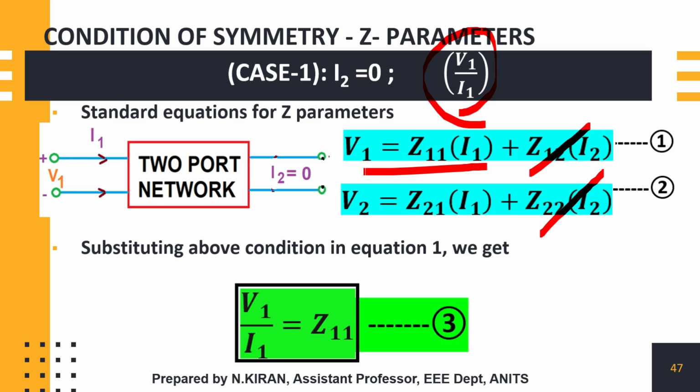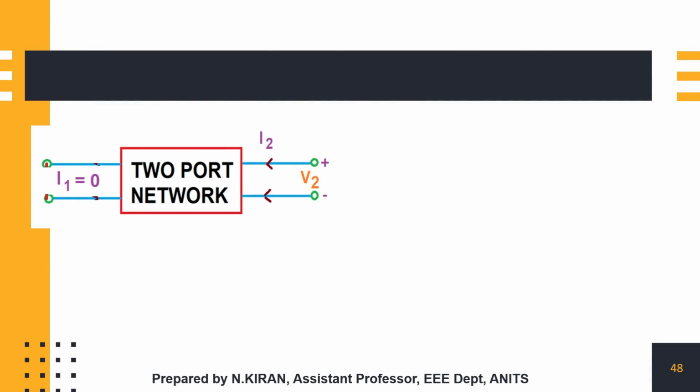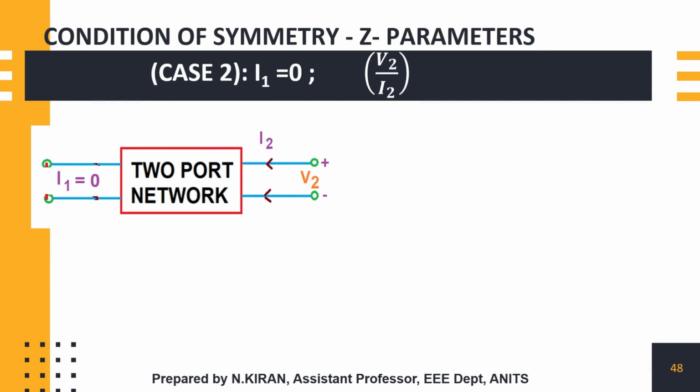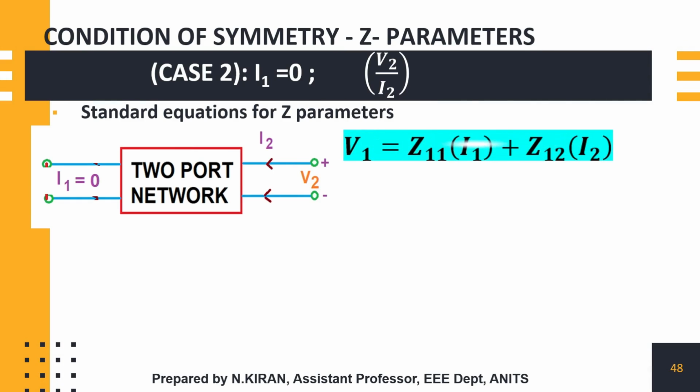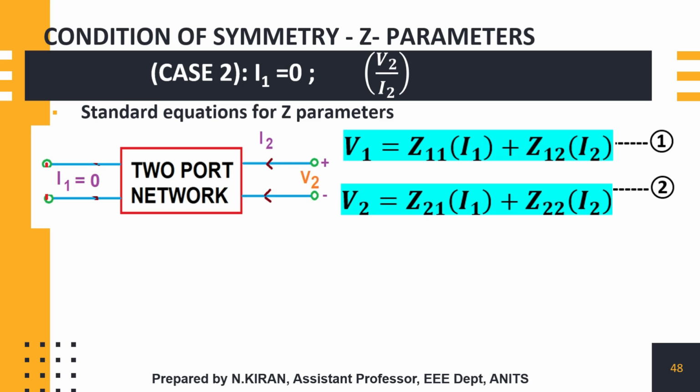In the second case, now I'll open circuit the first port and substitute the condition I1 equal to 0 in both the equations. So when I1 becomes 0, these two terms become 0.